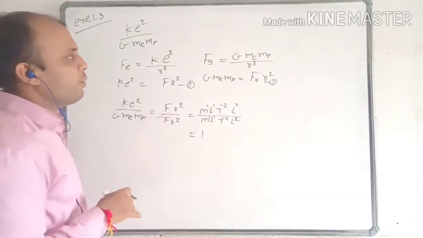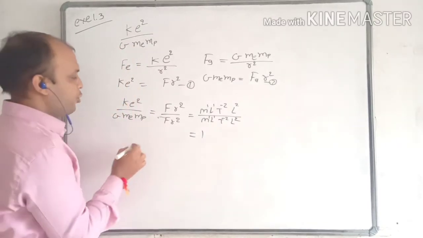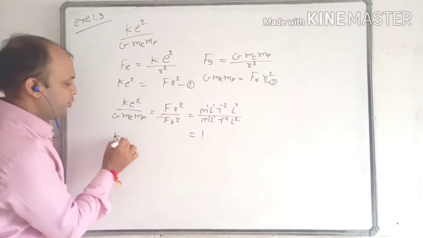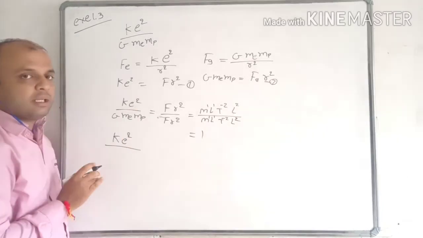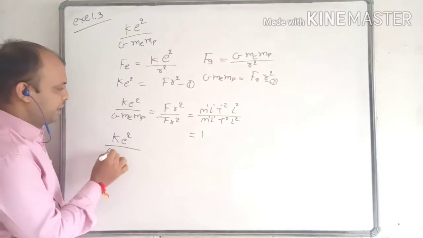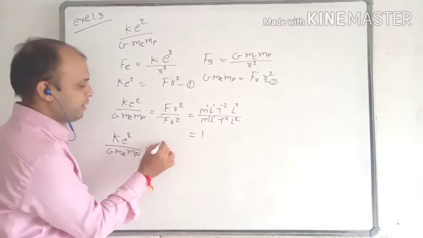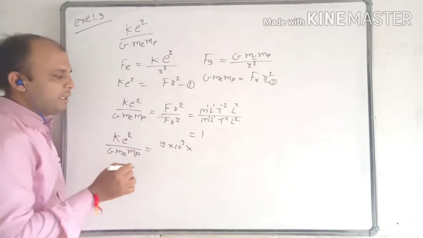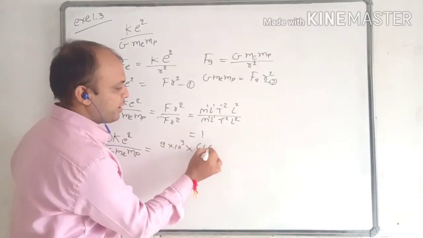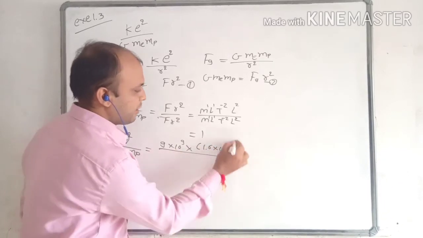Now we have to find the value of this ratio. The value will give us the ratio of electric force and gravitational force. So k means 9 into 10 raised to 9, e, the charge of electron, is 1.6 into 10 raised to minus 19, and square of it.